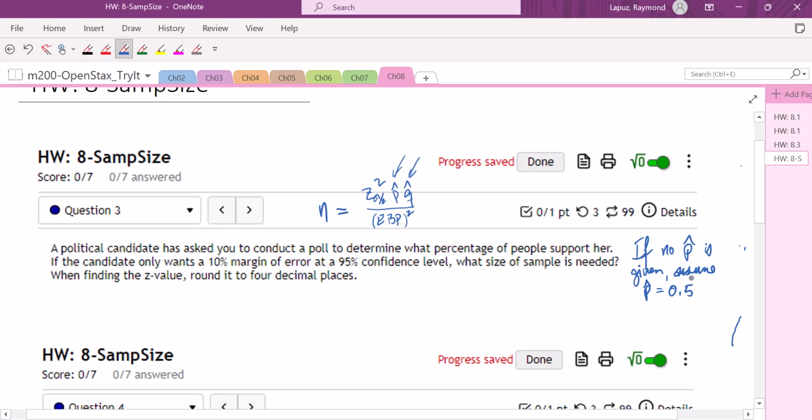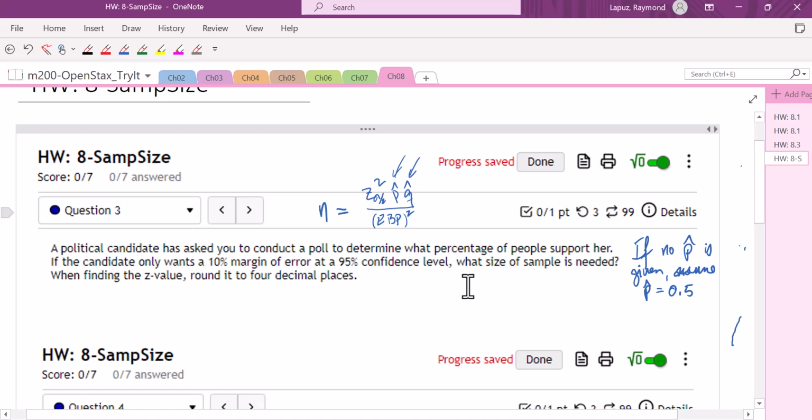That gives the largest combination when you multiply p hat and q hat together. Just to be safe with our study, the larger the n is, the safer we are with finding our most accurate statistics. So if there's no p hat given, we'll use 0.5.